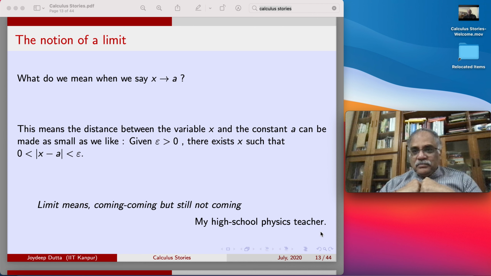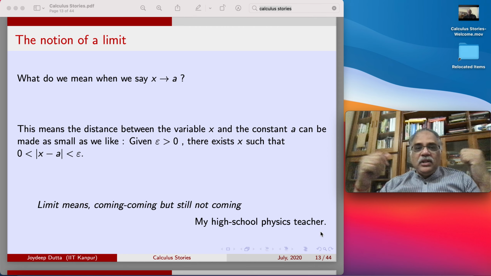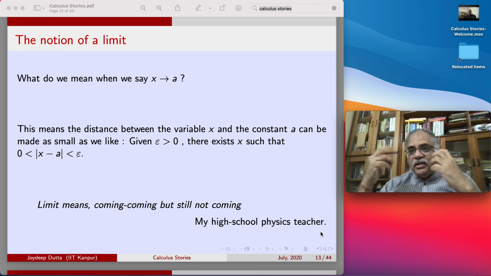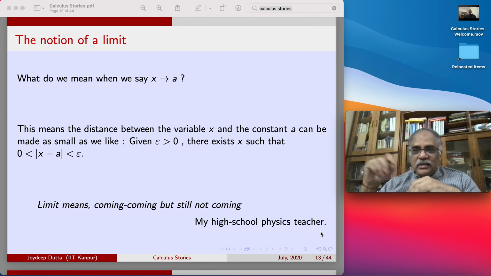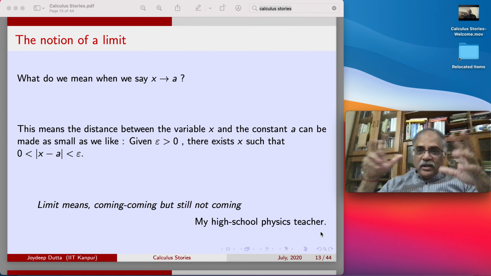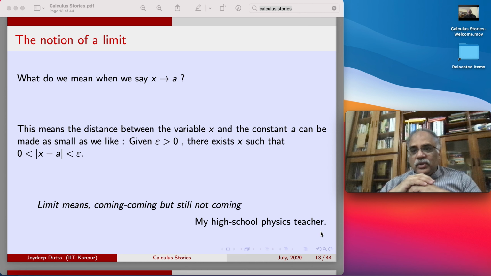But when we started talking about physics, there was this teacher who came in and he said, okay, we have to talk about velocity, and you have to differentiate the distance function. He defined velocity as delta x by delta t, where x(t) is the distance, limit delta t tending to 0, and we were awestruck as to what's going on.